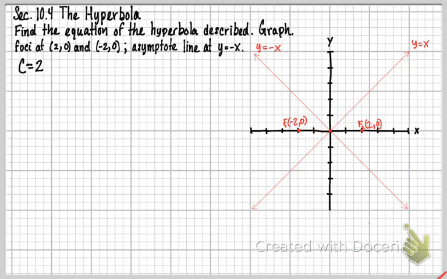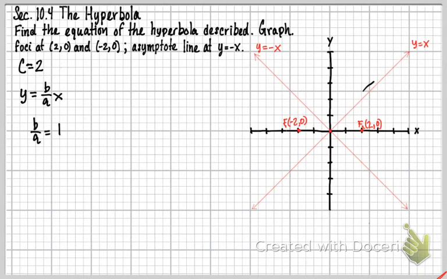And we also know that our asymptotes are going to be y equals b over a x. And we realize that b and a, when I divide them, have to give me 1 and negative 1 because of the original statement.